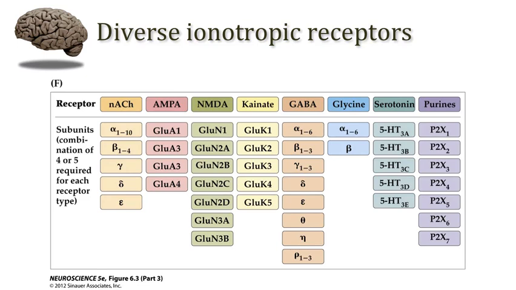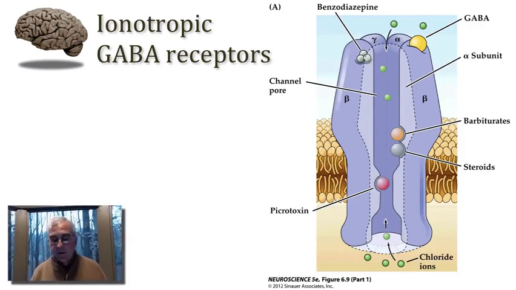Let's look a bit more closely at one important ionotropic receptor, and that is the receptor for the inhibitory neurotransmitter GABA. So what we're looking at here is the typical GABA-A receptor channel, and it's comprised of 5 subunits that come together.